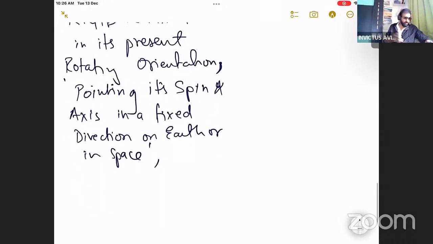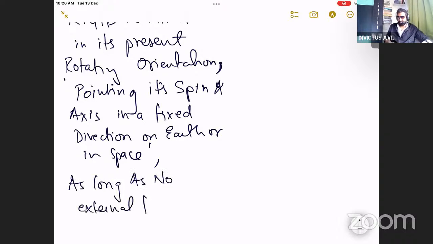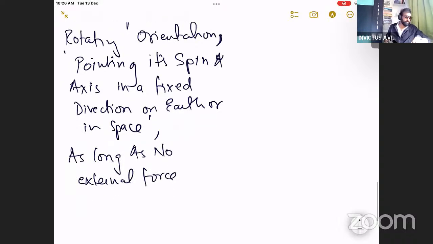Finish the inverted comma, and then you can add the last point: as long as no external force affects the rotor.